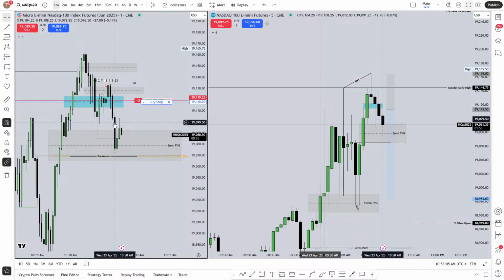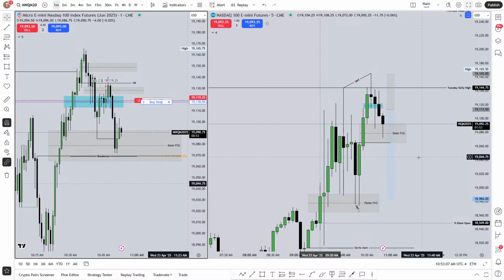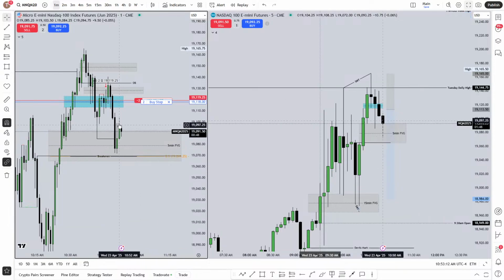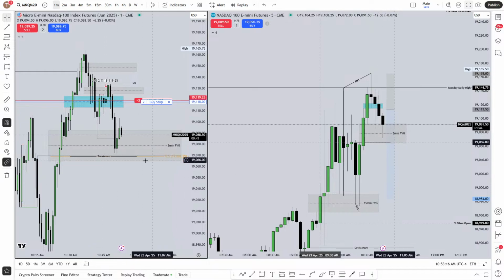Need to see these get respected right here, these 1 minute fair value gaps. I like how we just wicked up into there. Body closed below. Want to see equilibrium get hit.